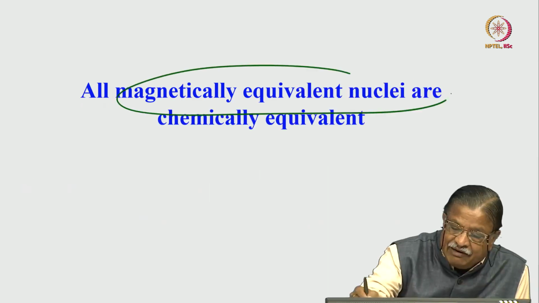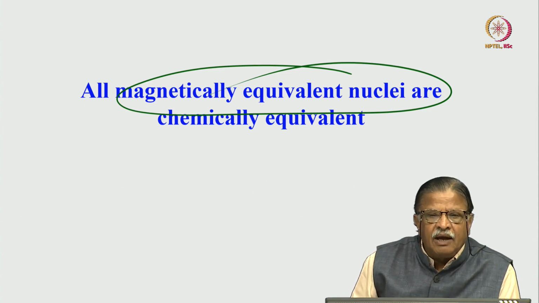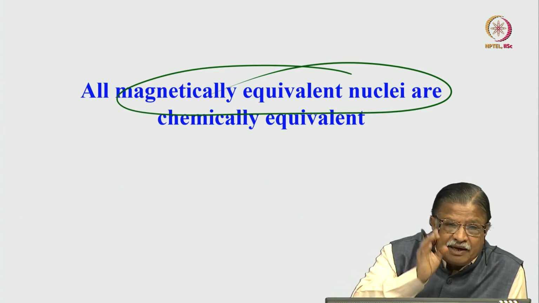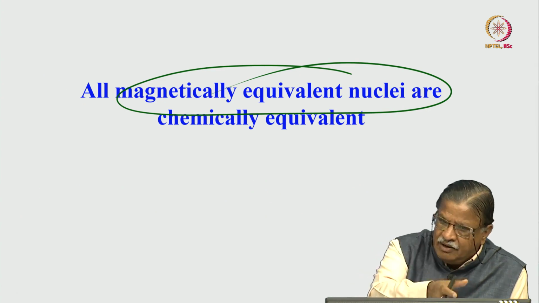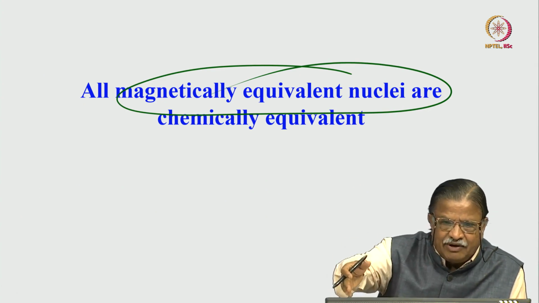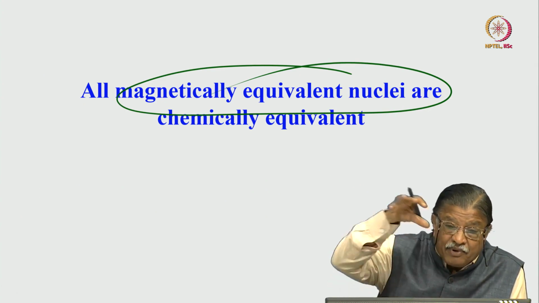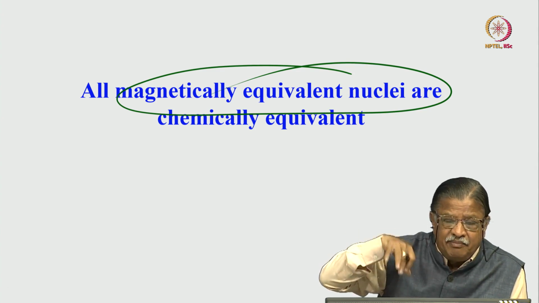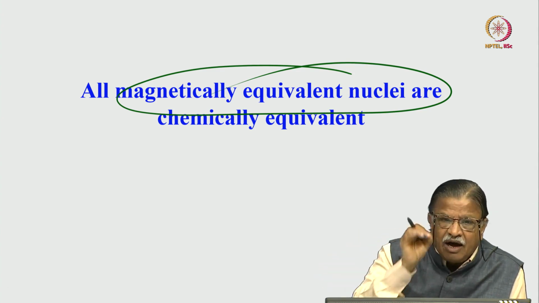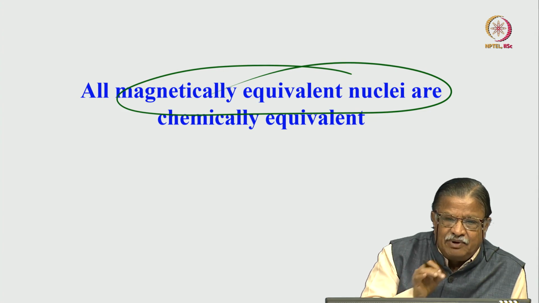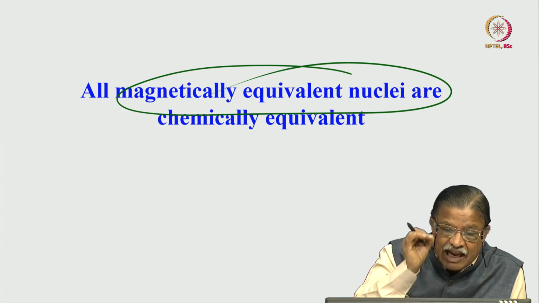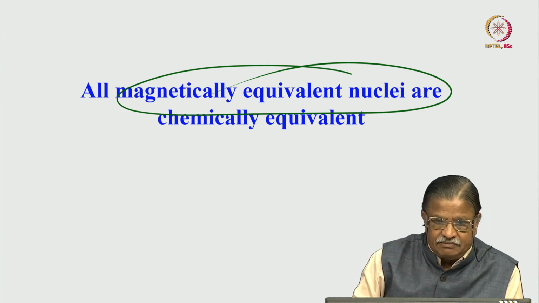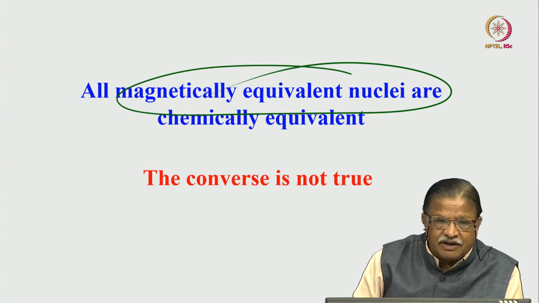All magnetically equivalent nuclei are invariably chemically equivalent, because of the chemical shift being identical as we discussed, and at the same time we have brought in another condition, J coupling being identical. So, all magnetically equivalent nuclei must be chemically equivalent. But what about the reverse?